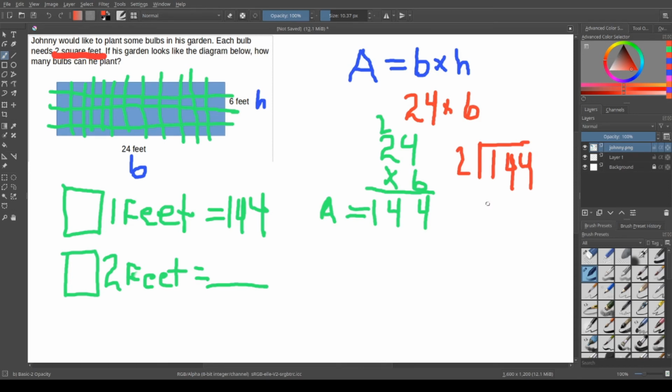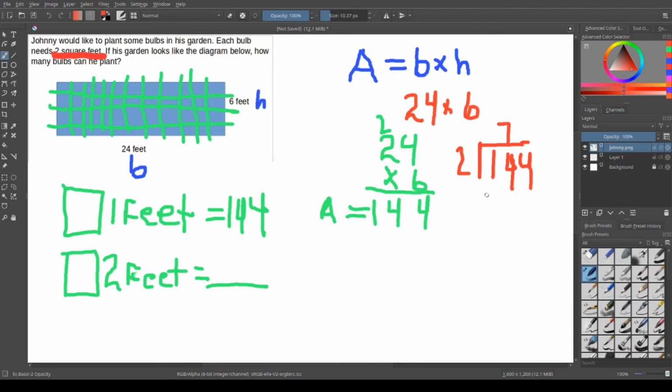Now, what number times 2 gives me 14? 7. To do this, you got to be good at your multiplication and division. That's the first prerequisite to solve any area problem. You have to have expertise with multiplication and division. So if you're not an expert, I suggest you start studying that multiplication table and become a pro.